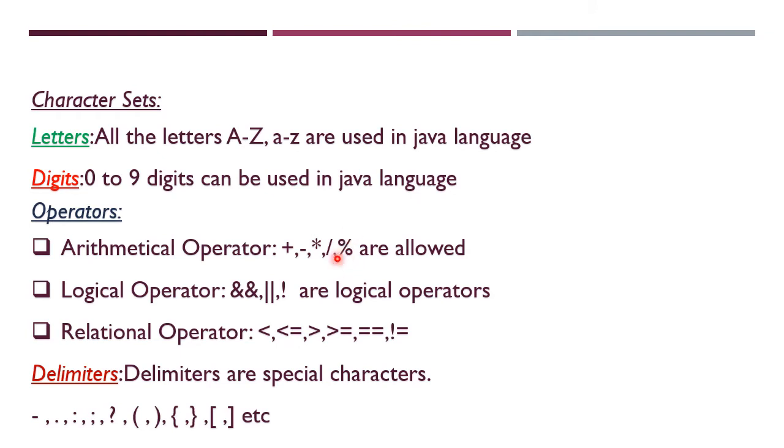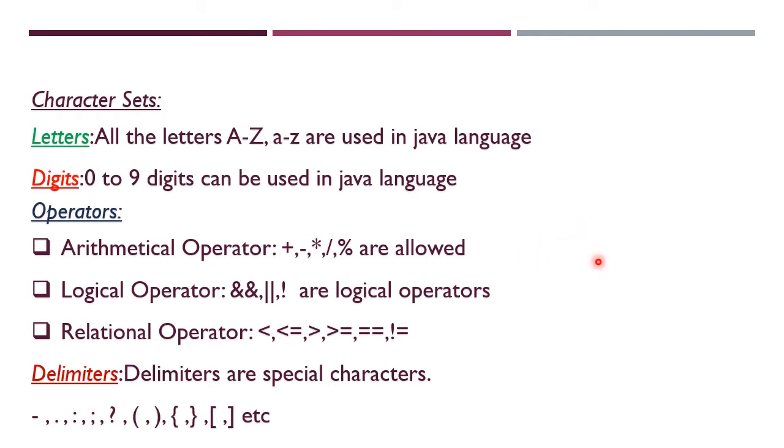If you perform the modulus operator on 2 numbers, it performs the division operation and gives the remainder. Suppose, let us say, 3 modulus 2.